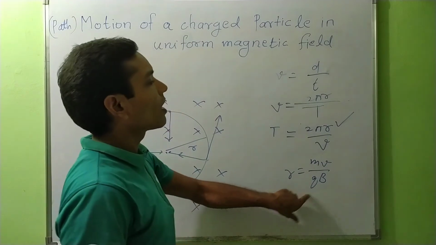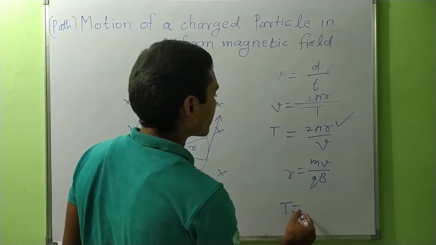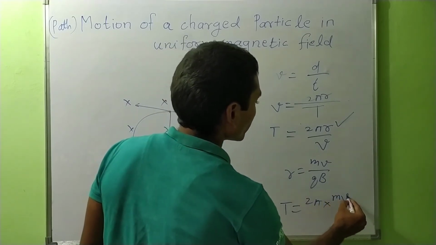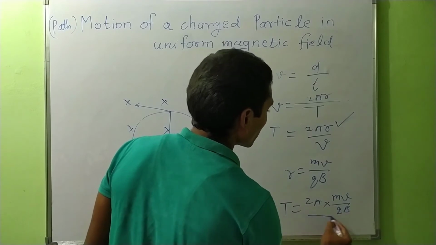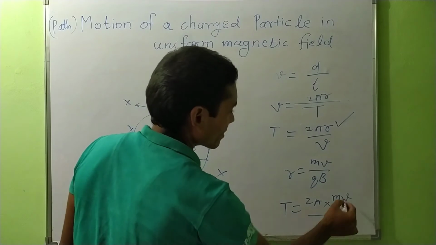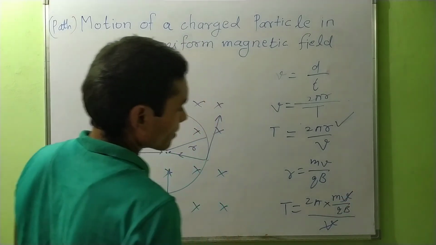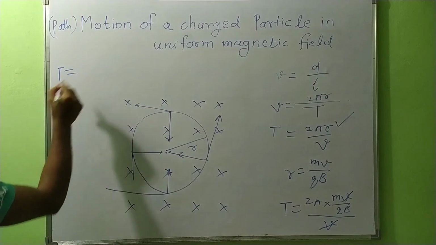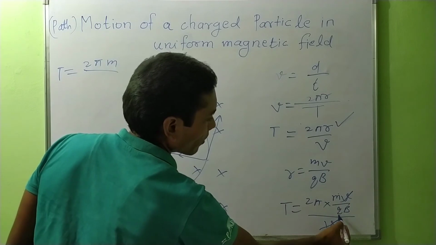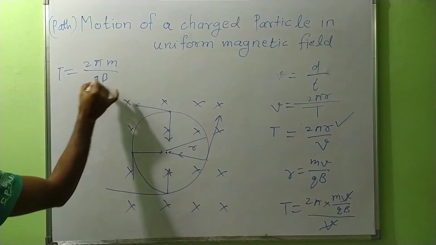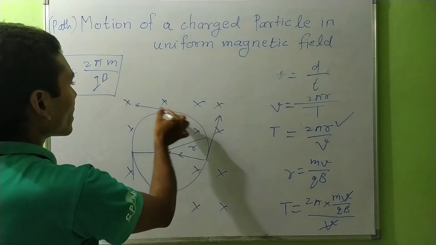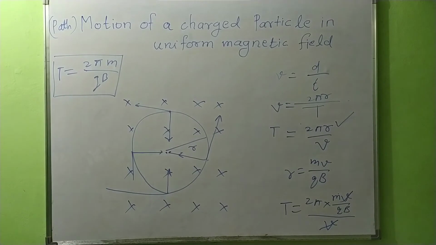On putting the value of r in this equation, the time period will be 2 pi into the value of r, mv upon qB, upon v. v cancelled by v, then the time period T is equal to 2 pi m upon qB. This is the time period of this moving charged particle along the circular path.